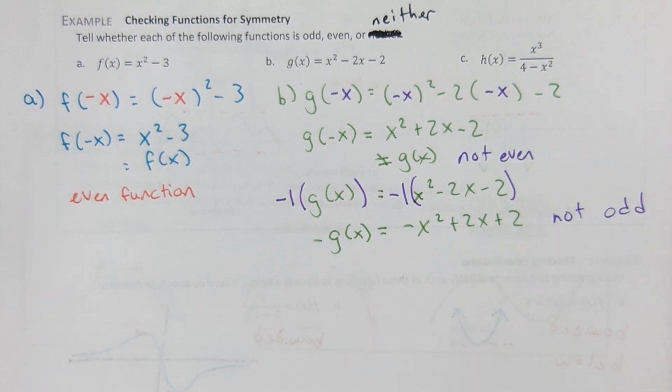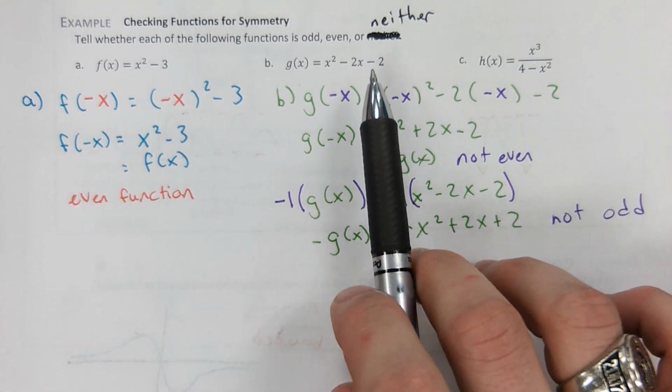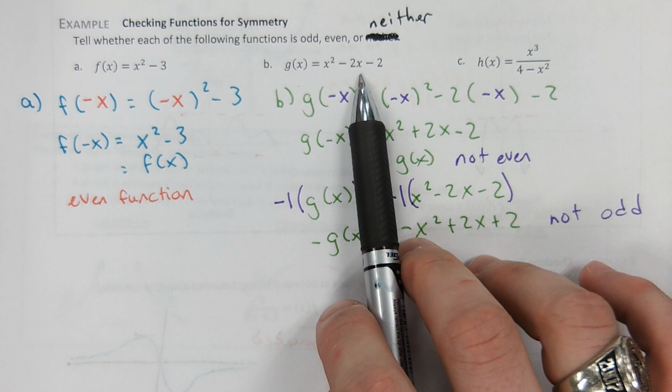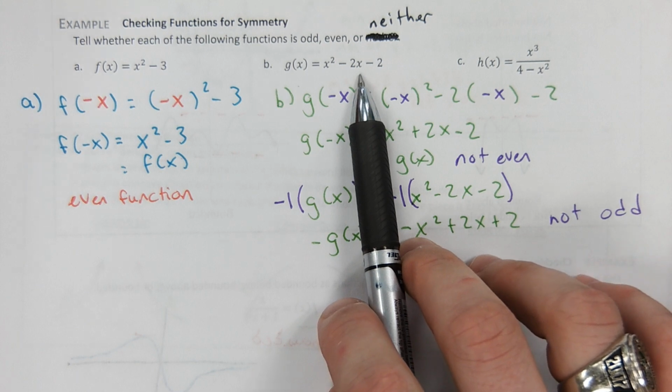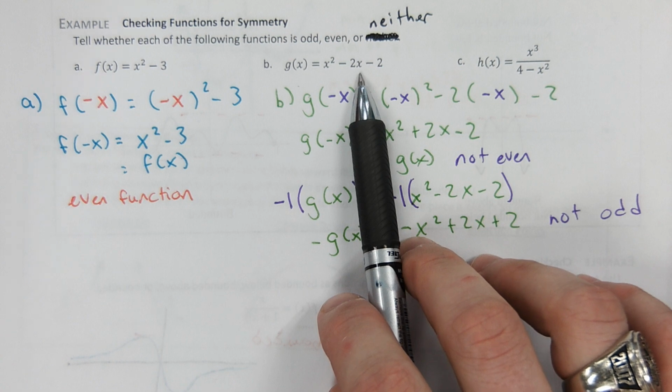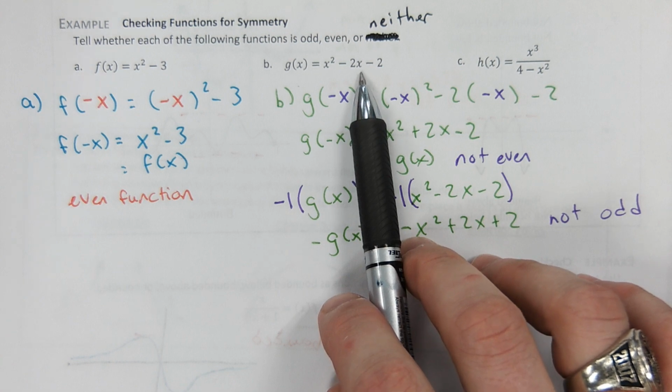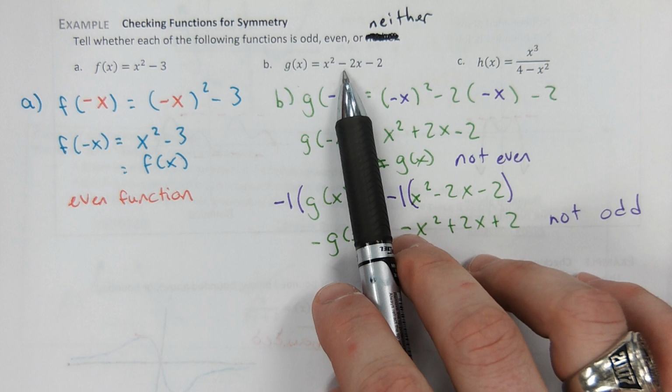Anybody want to take a stab at what thing I could have changed about that formula to make it an even function? Anybody want to take a guess? Educated guess? Adi, what could I have done? You could have made it plus 2, I think. Which, 2x.